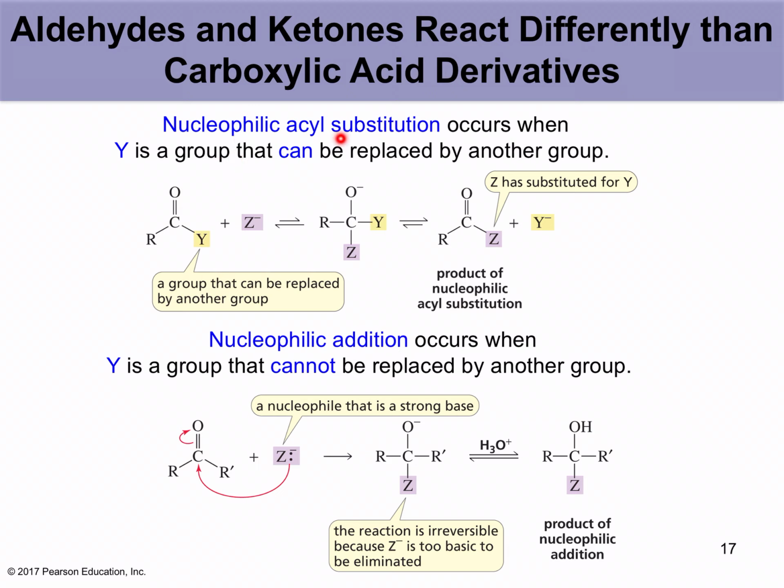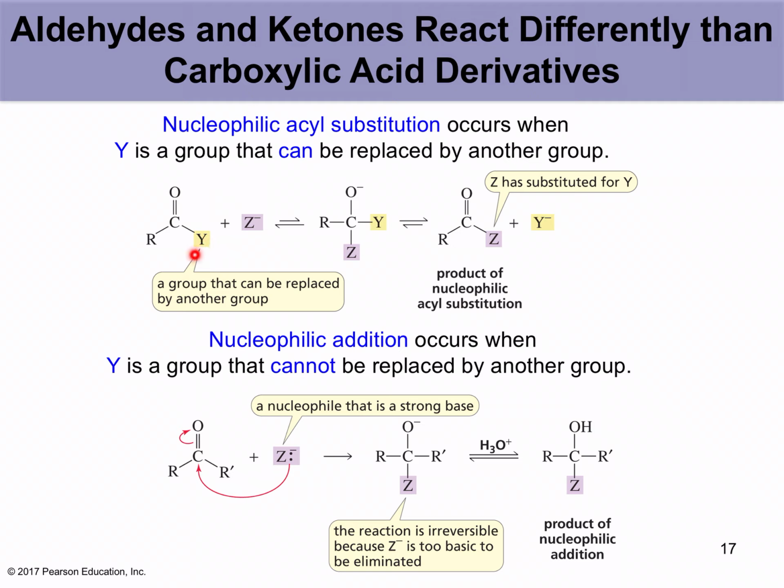Nucleophilic acyl substitution. Substitution, we know what substitution means, meaning that you're going to be substituting a group. The number of groups remains the same, since you're going to substitute. That occurs when Y is a leaving group that can be replaced by another group.